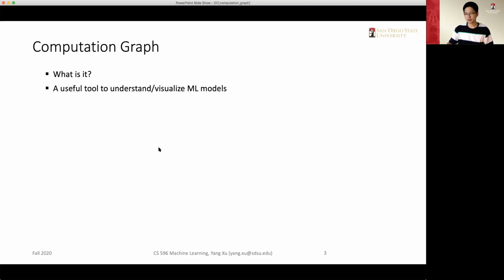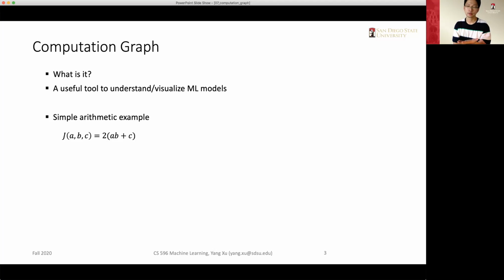So let's first look at what it is. It's a way to understand, conceptualize, or visualize machine learning models. We can use a very simple arithmetic computation as an example. Say we have some outcome function to compute, which is J of a, b, and c, and a, b, and c are the three inputs.